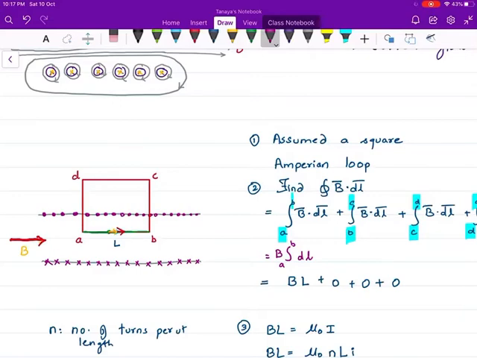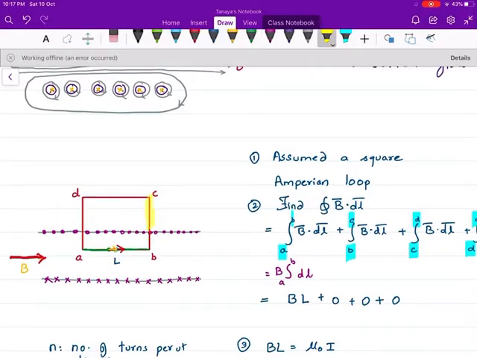Now see the next part, that is from B to C. If you consider this region, this part, what is now the direction of B? The direction of B is this. B is in this direction, and dl is in this direction. This is the direction of dl. So theta is equal to 90 degrees.